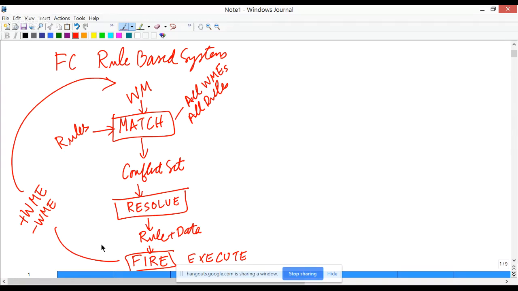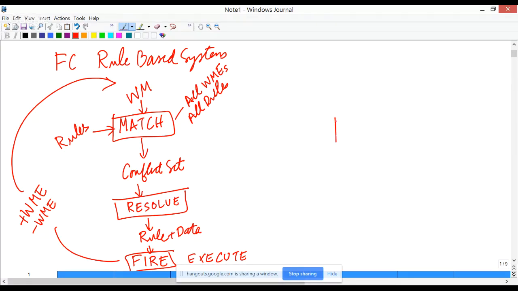Then selecting one rule in the resolve phase, then executing that rule and producing some new data or deleting some old data. And in the brute force approach, this match has to do this all the time. With every working memory element, with every pattern in the left hand side of a rule, it has to see whether that matches or not, and then construct the conflict set all over again.